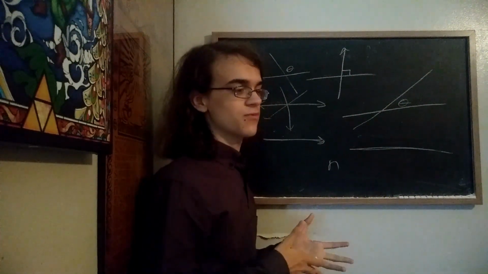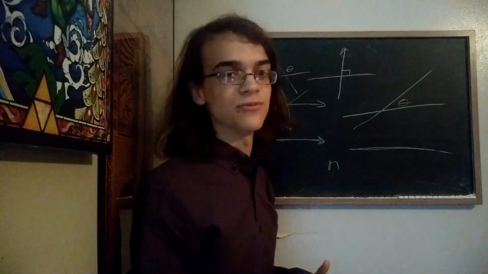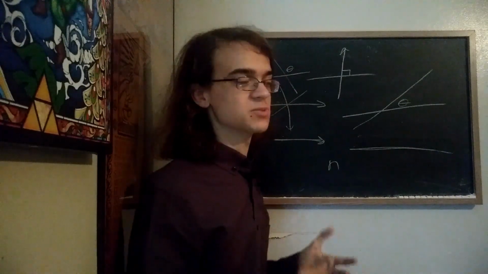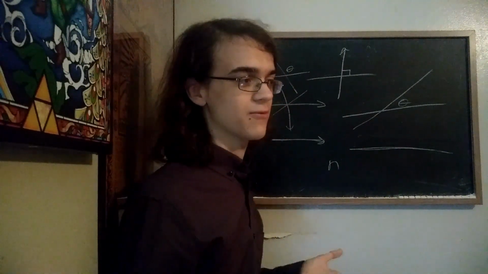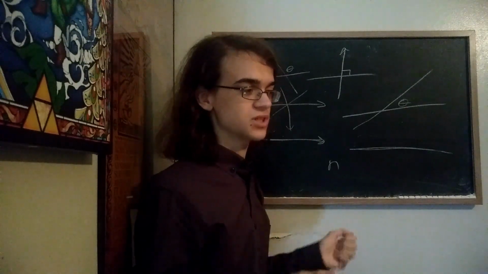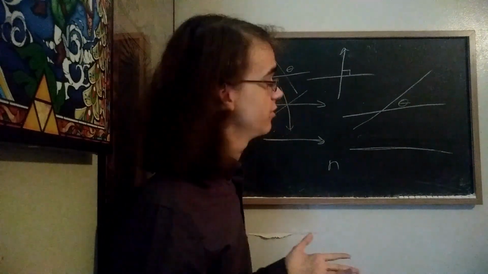But we need to reference it to some value. That value would be a revolution, but we need a specific value of that revolution. So the choice that we use to represent a full revolution could be kind of arbitrary.